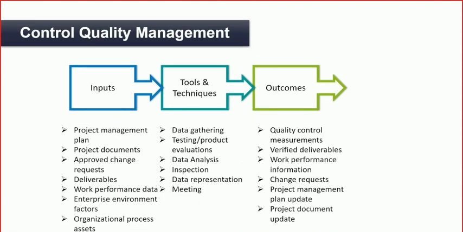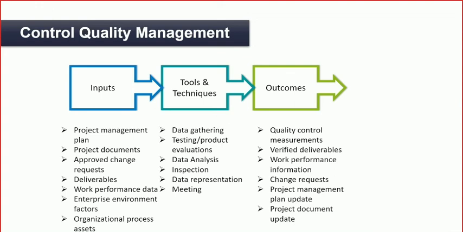Further, control quality management. It has the following aspects in the form of inputs: project management plan, project documents, approved change requests, deliverables, work performance data, enterprise environmental factors, and organizational process assets.